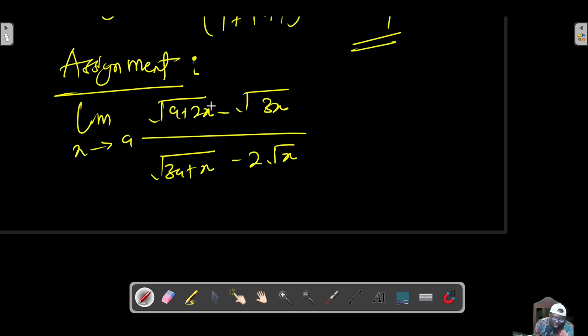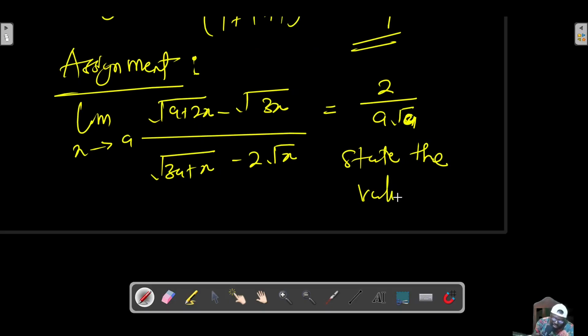Show that this limit is equal to 2 over a root a. State the value of a.